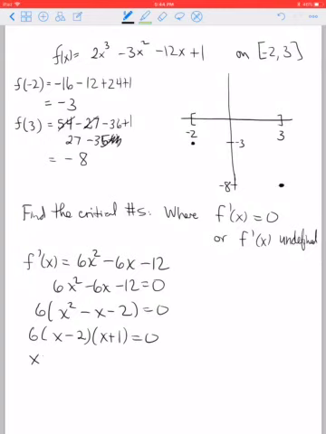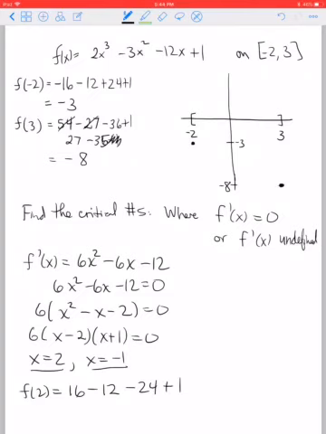And so we see that those critical points are going to be when x is 2 or x is minus 1. Okay? So let's see what our values are. Well, what happens at f of 2? Well, f of 2 is going to be 16 minus 12 minus 24 plus 1.